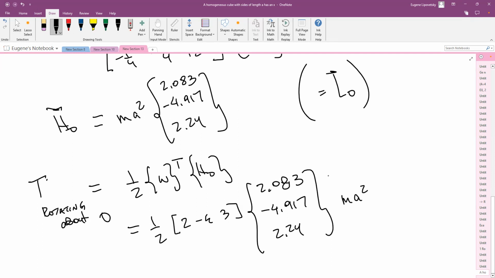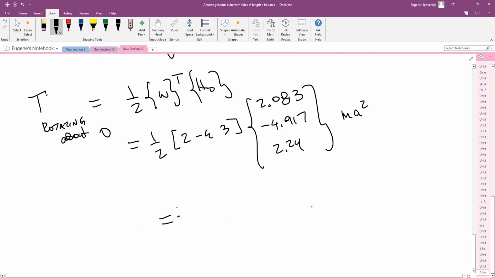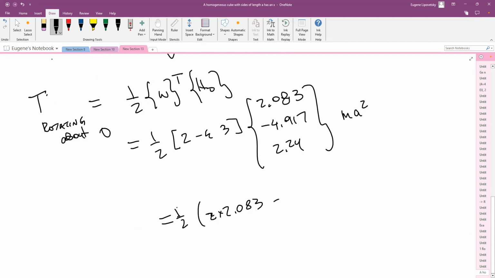The result will be 1/2 of 2 times 2.083 minus 4 times minus 4.917 and plus 3 times 2.24.